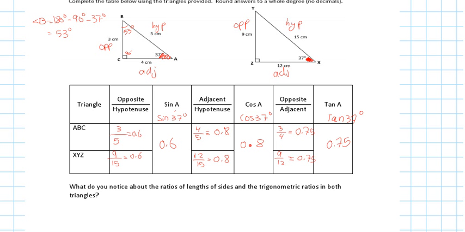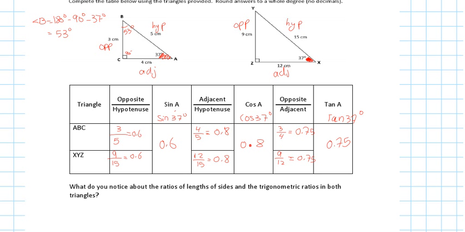Now, if you look at your triangles, their side lengths are not the same, right, but they have the same angles. They have an angle of 90, they have an angle of 37, both of them. So these two triangles are similar triangles, okay? They have the same angles, but different side lengths.